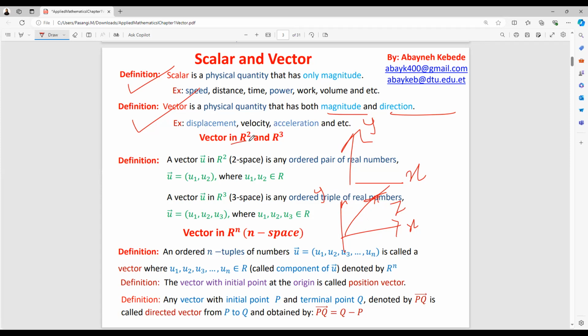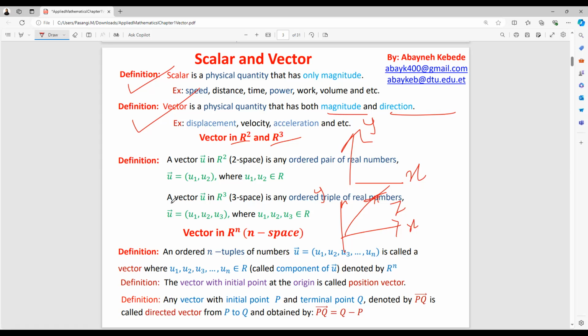So R squared and R cubed. If it's R squared, then that vector is denoted as u1, u2, where u1 and u2 are real numbers.